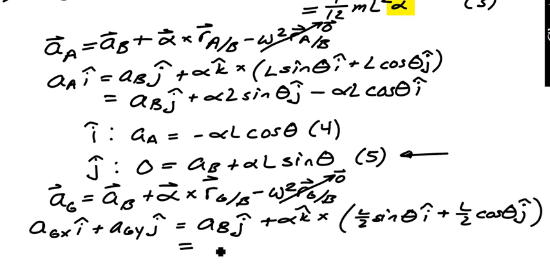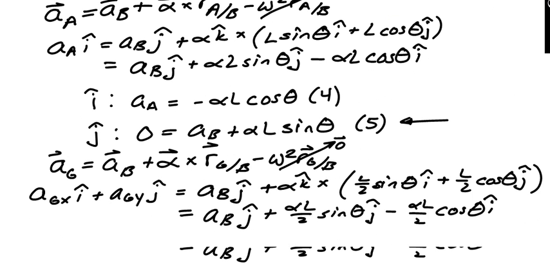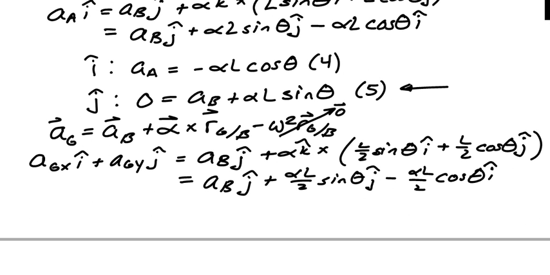If we expand the right-hand side here, we'll have AB in the J. K cross I is J, so I'll have plus alpha L over 2 times the sine of the angle theta in the J. K cross J is minus I, so I'll have minus alpha L over 2 times the cosine of theta in the I. We can now pull off the I and J components respectively.